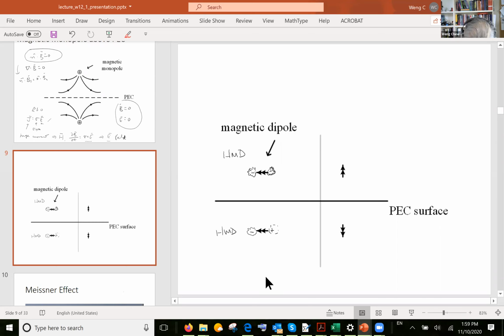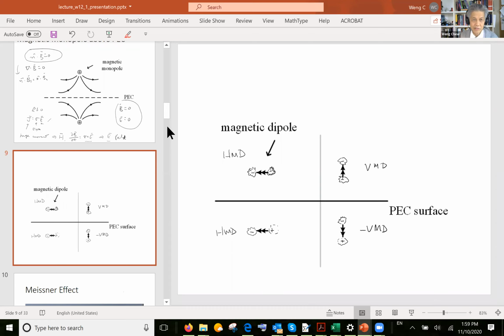And by the same token, if you have a positive magnetic charge here, the image of it will be something like this, because the sign doesn't change. So this is the vertical magnetic dipole. It becomes a negative vertical magnetic dipole over a PEC surface. Okay, any questions regarding this?